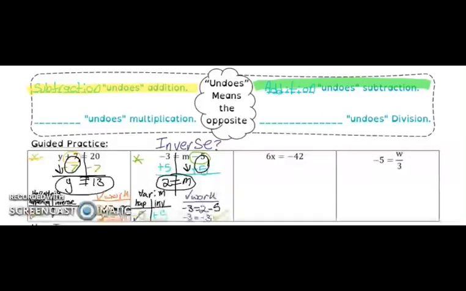So let's give the last two a shot. The last two are asking us about what undoes multiplication. Well, division undoes multiplication. And multiplication undoes division.